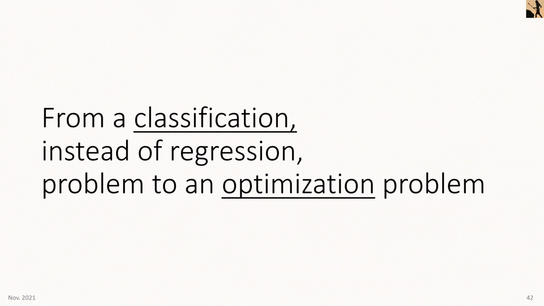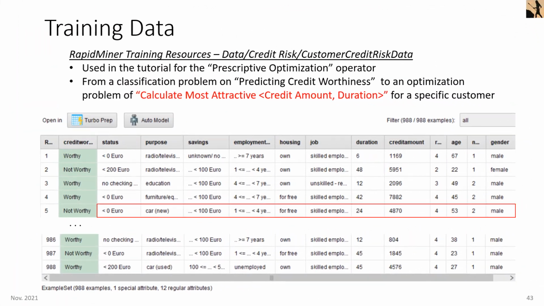We talked about regression. Now let's move to classification. Here I will talk about a different use case, right? Because earlier bitumen was a regression problem. The data set we are using is actually available in the tutorial of the prescriptive optimization operator.